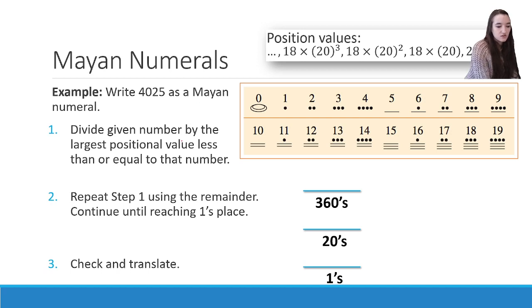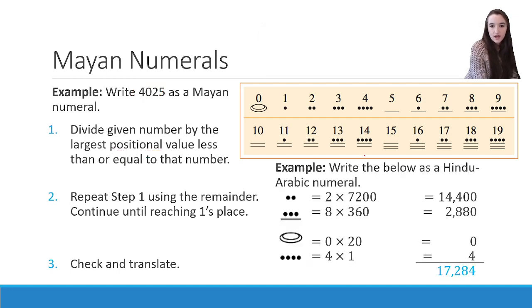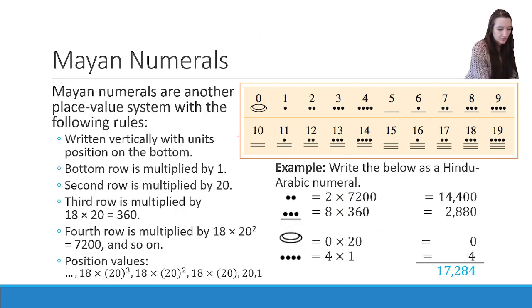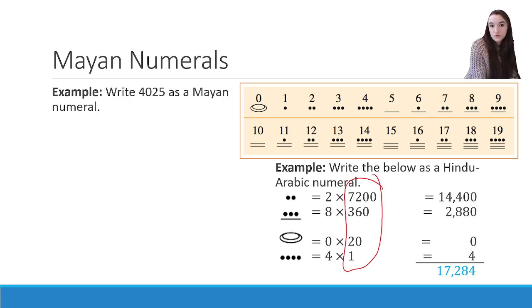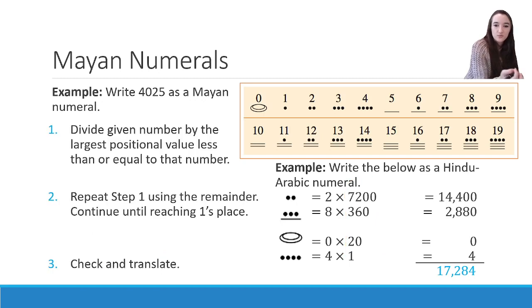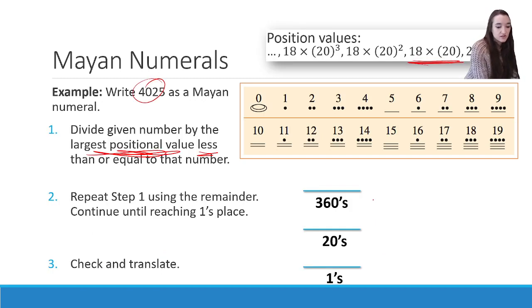So in this case, the largest positional value less than 4,025 is 18 times 20, which is 360. I'll just go back for a second to show, since I don't have it here, what this actually represents, but 18 times 20 squared is 7,200, right? 7,200 is more than 4,025, so we don't want that one. We're going to pick 360. So we'll have a 360s place, and then a 20s place, and then a 1s place.